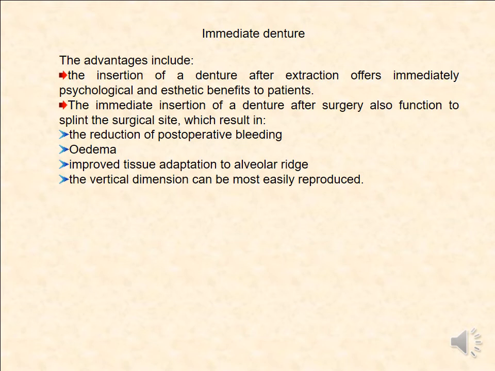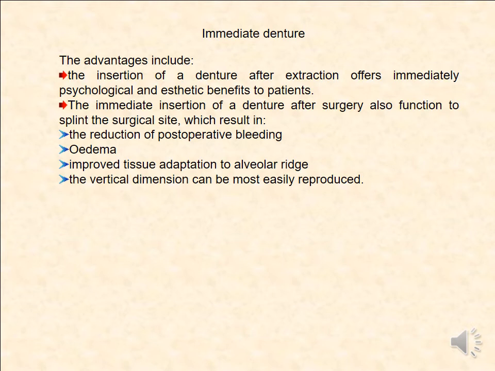After finishing the denture, we extract the teeth and insert it immediately in the patient's mouth, so the patient can go out with a denture without having any missing teeth visible to other people. The advantage of immediate denture: insertion of the denture after extraction offers immediate psychological and aesthetic benefit to the patient.